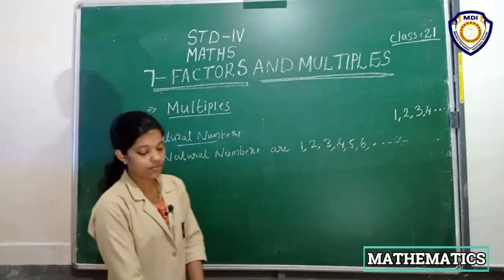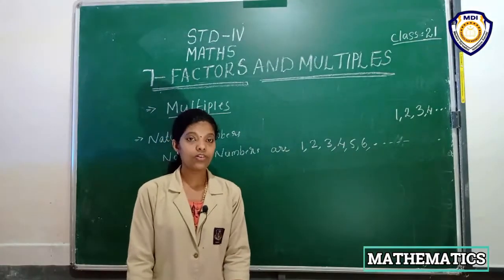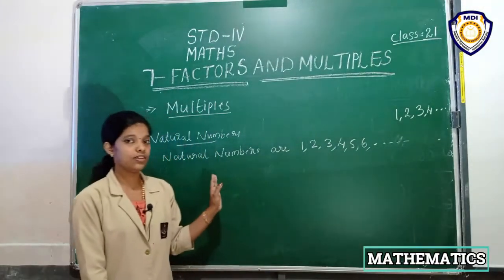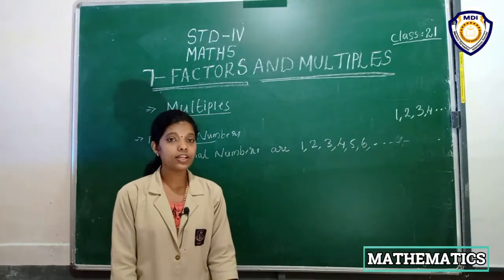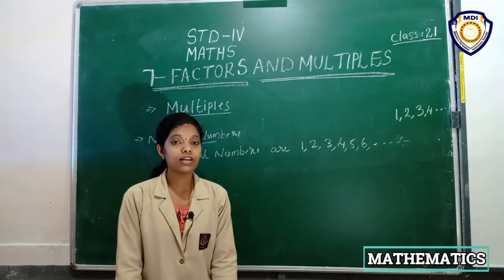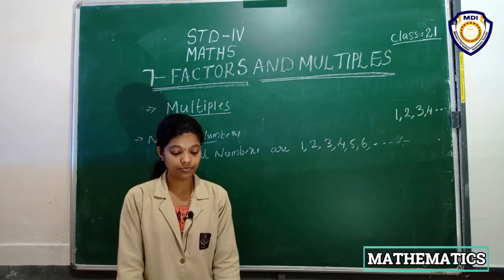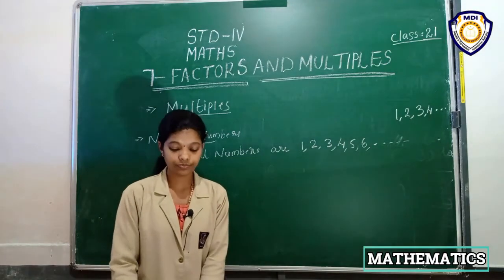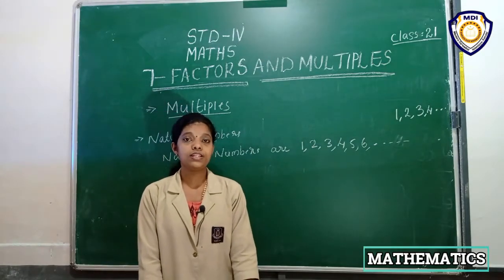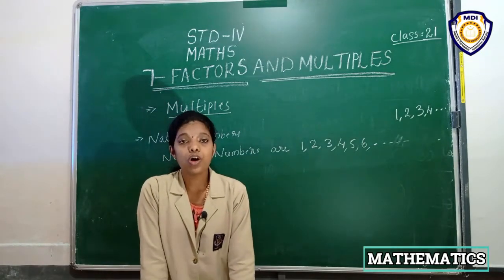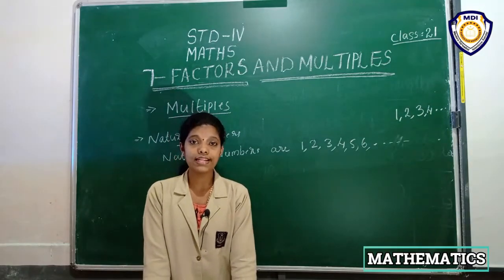Then our next topic. All of you listen here, write it. Our next topic, all of you take your text, page number 130. Least common multiples, or LCM.